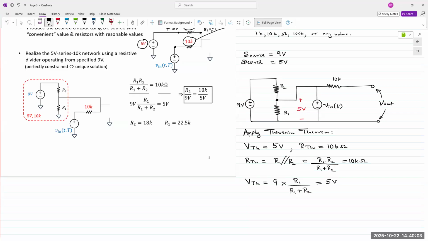The R2 value comes to be 18K. Once you have R2, we can calculate R1. So let's take a pause and let me know if you have any questions.